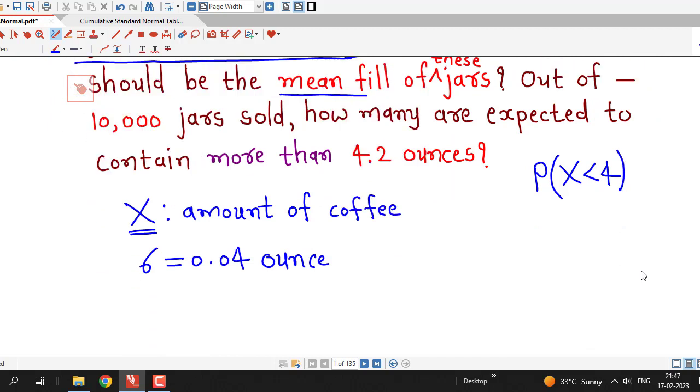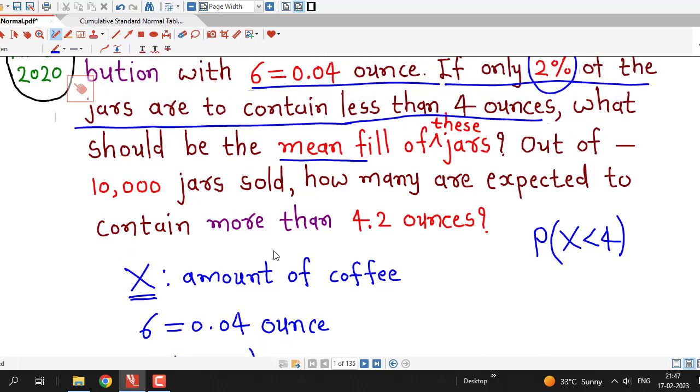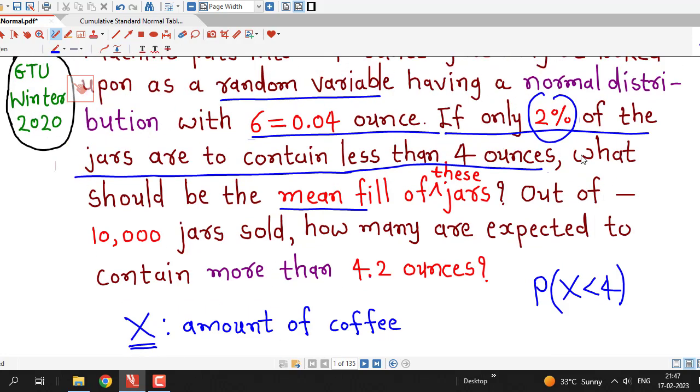That is, we are given the probability that this amount of coffee is less than 4 ounces in those jars is 2%, that is 0.02.